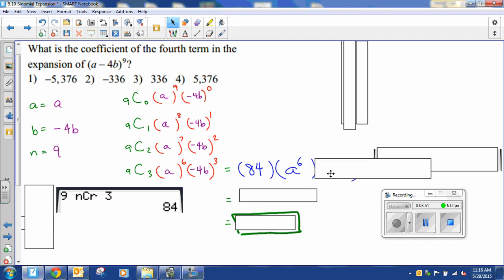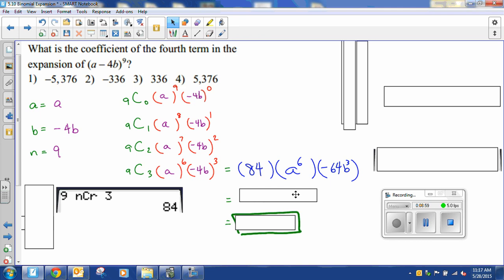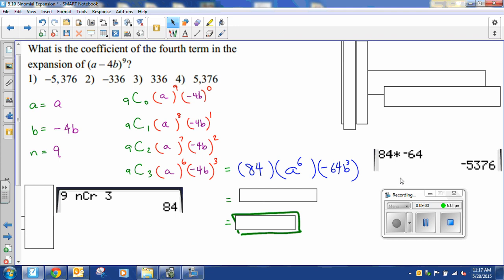A to the 6th power. And negative 4b cubed, negative 4 times negative 4 times negative 4 is negative 64b cubed. And putting this all together, we have 84 times negative 64 is negative 5,376. A to the 6th b cubed.